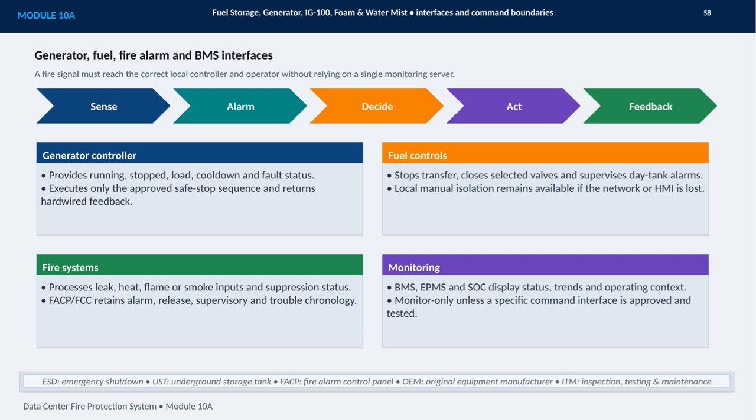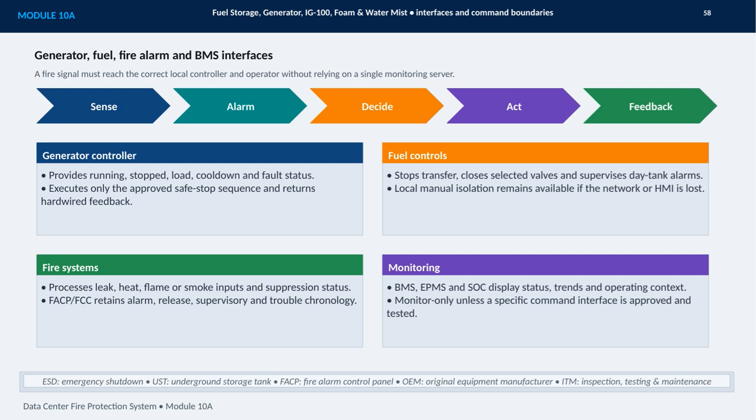Fuel controls can stop transfer, close selected valves, and supervise day tank alarms. Importantly, local manual isolation remains available if the network or HMI is unavailable. The fire alarm system processes leak, heat, flame, and smoke inputs, along with suppression status. The FACP or FCC preserves the chronology of alarms, releases, supervisory conditions, and troubles.